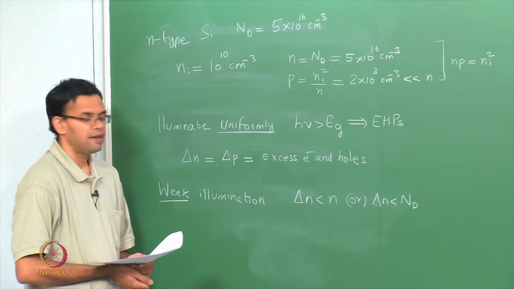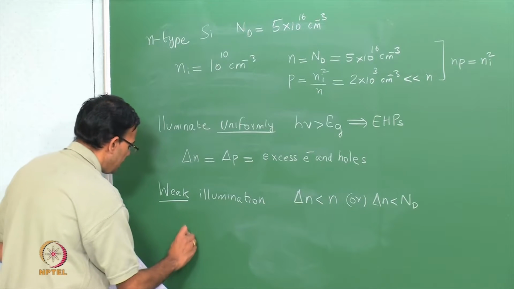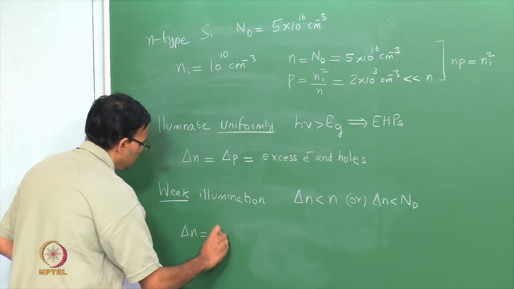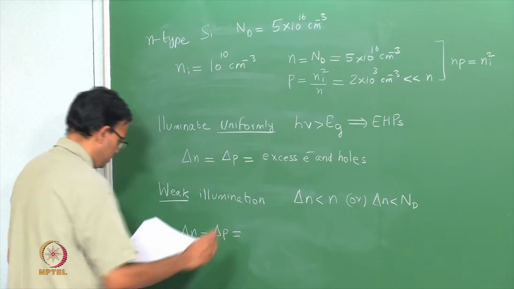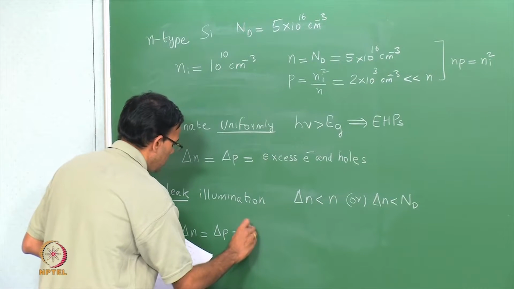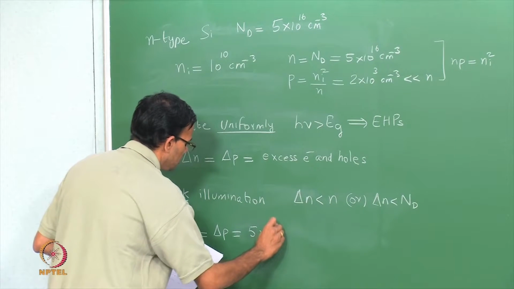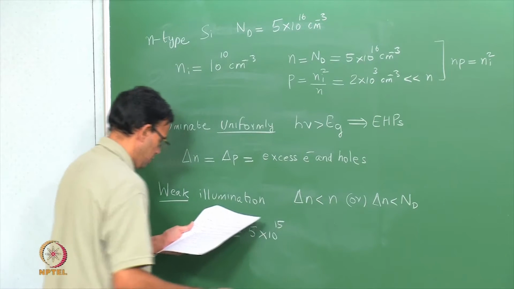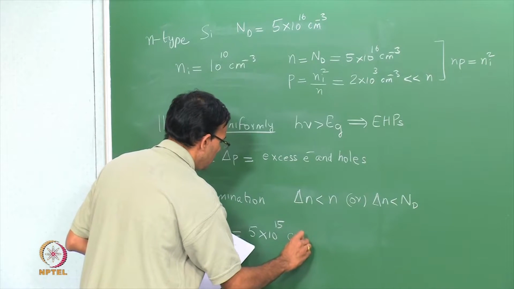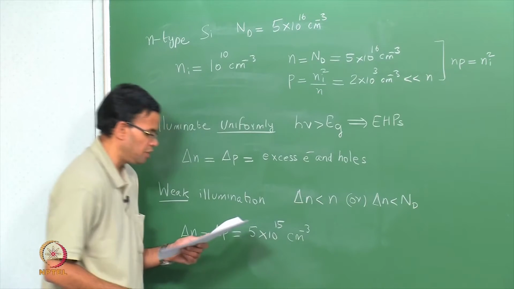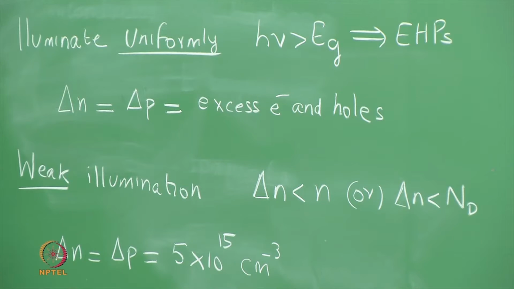So, in this particular example, let us take delta n equal to delta p equal to 5 times 10 to the 15 per centimeter cube. So, these are the excess carriers, and this number is less than Nd.